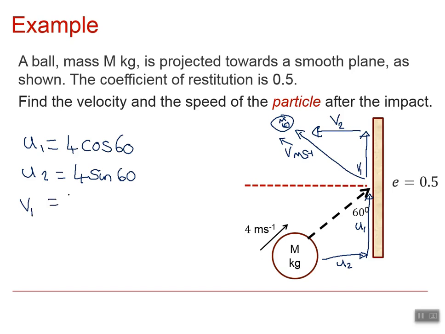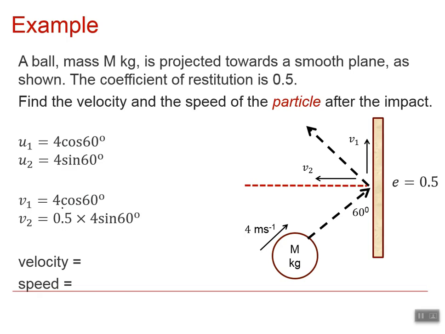Therefore, we know that V1 is going to be 4 cos 60, and V2 is going to be E, which is 0.5, times U2, which is 4 sine 60. So these are the calculations that we're going to need to do in order to find the different components of the velocity after the collision.